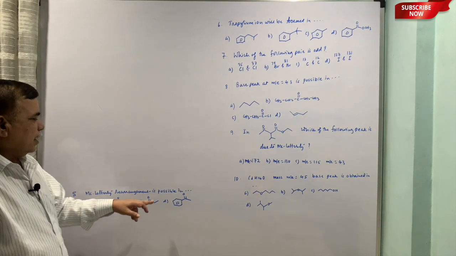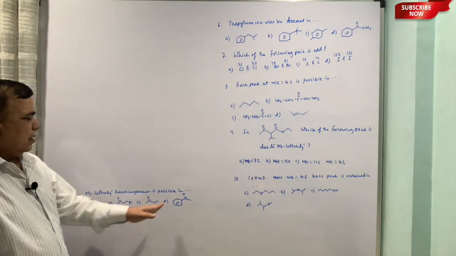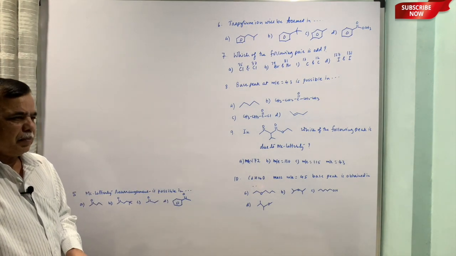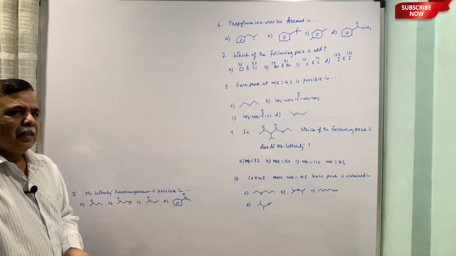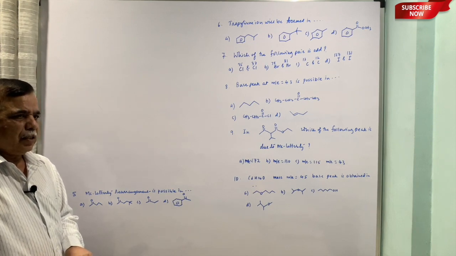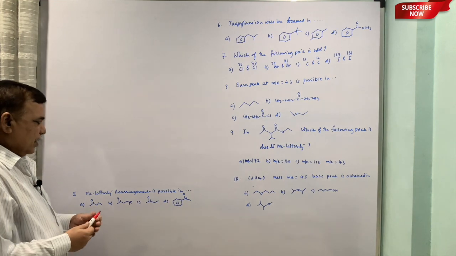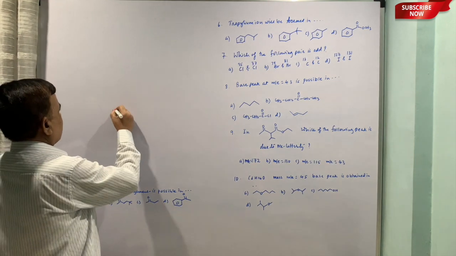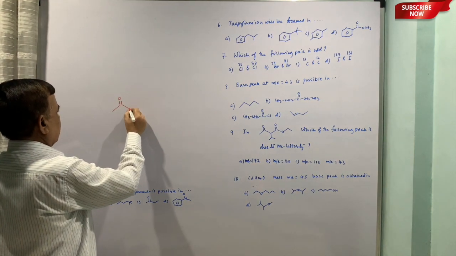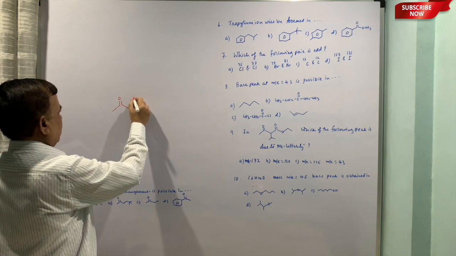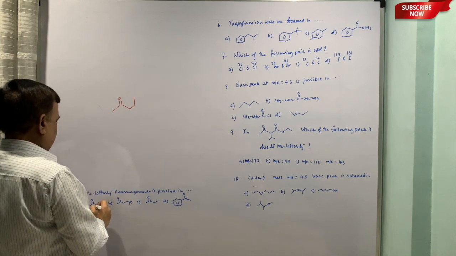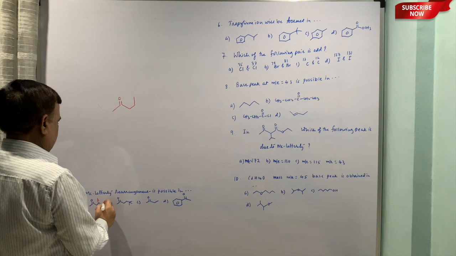Then, in which of the options given is McLafferty rearrangement possible? McLafferty is nothing but the abstraction of gamma hydrogen, and then a sort of rearrangement occurs. So, in the first molecule it occurs. Let me put the first molecule in this way: alpha, beta, gamma.